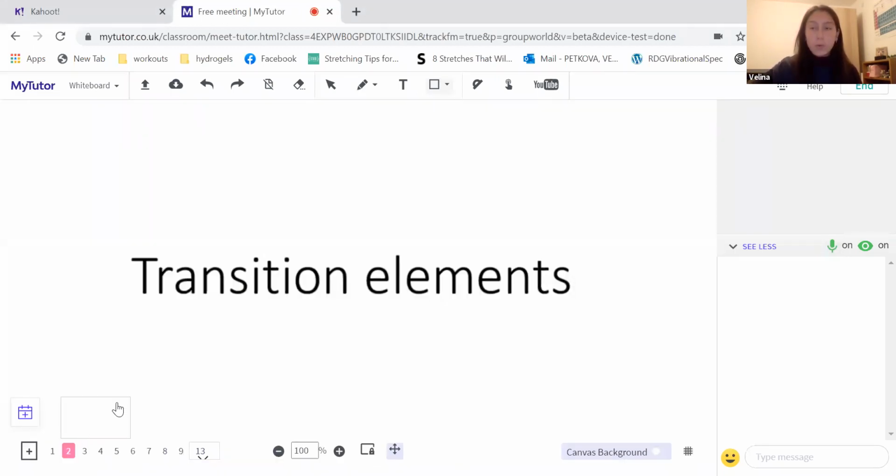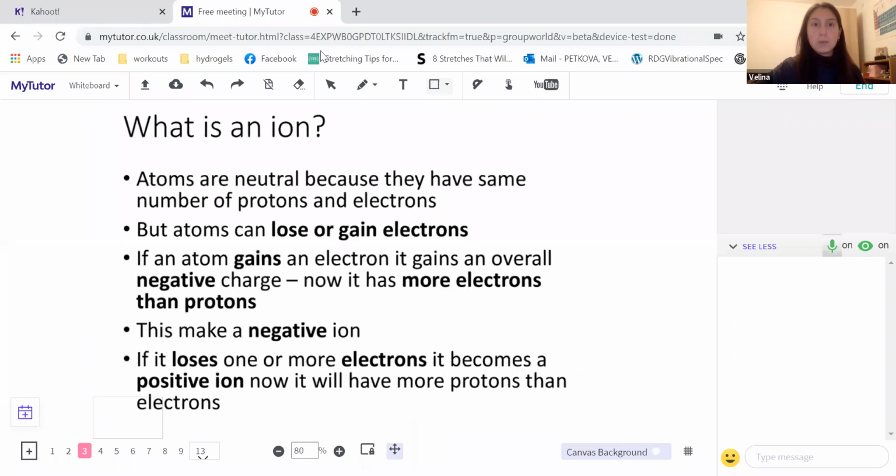Today we're going to be covering transition elements, but before that we're going to be talking about ions. We may have already met the ion slightly yesterday when we were working with group 1 and group 7. When we lost an electron from the group 1s, we were forming positively charged sodium and group 1 ions. Atoms are neutral to begin with because they have the same number of protons and electrons, as we saw in lesson 1.